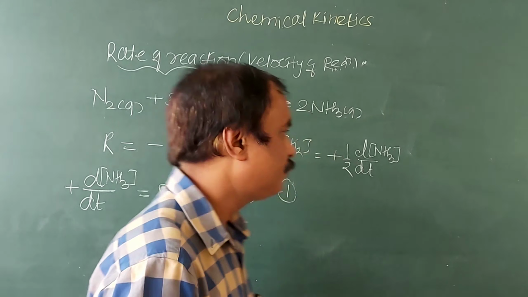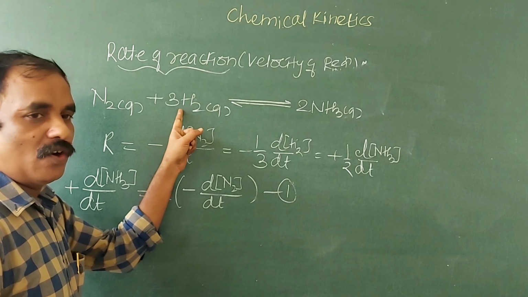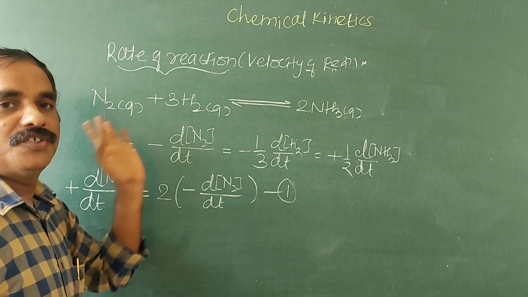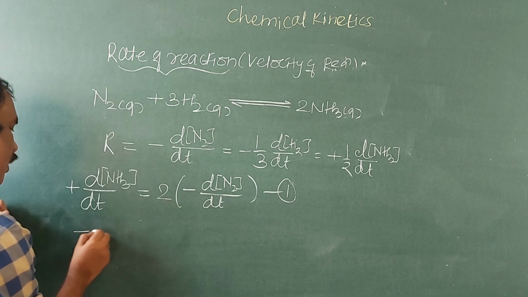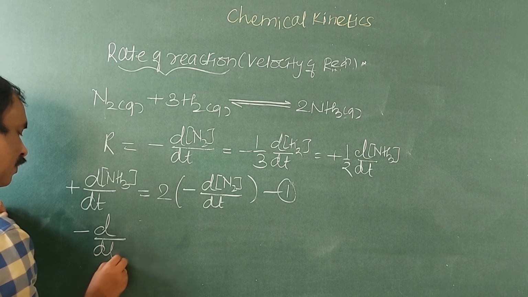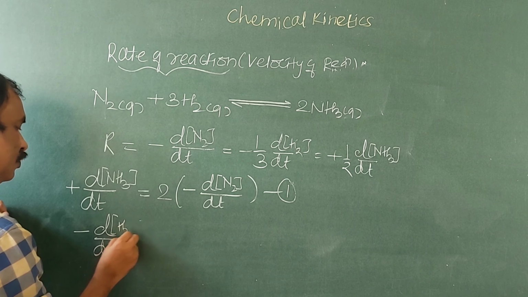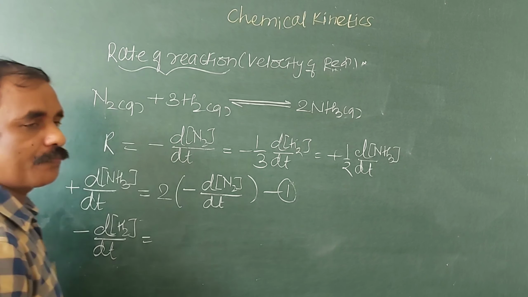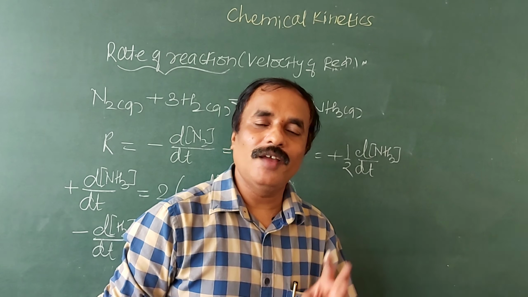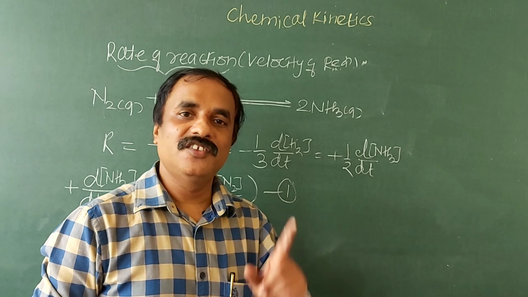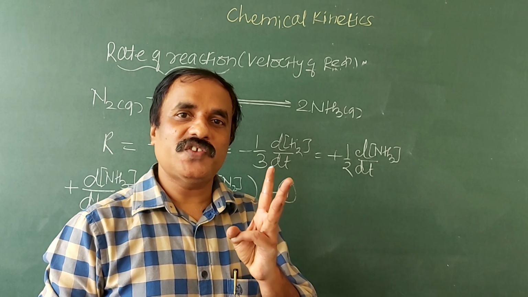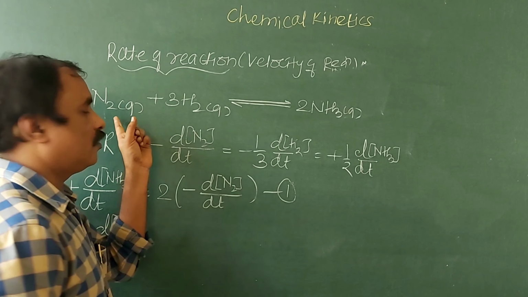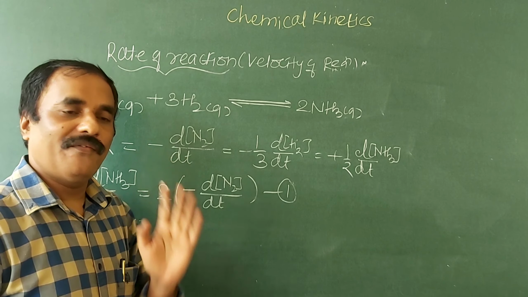Now compare the rate of consumption of hydrogen with the rate of consumption of nitrogen. So here consumption, minus d by dt of H2 is equal to, here consumption of 3 moles of hydrogen while consumption of 1 mole of nitrogen, disappearance of 3 moles of hydrogen, then disappearance of 1 mole of nitrogen.